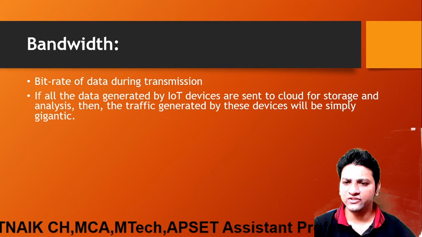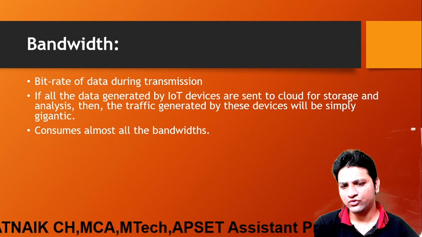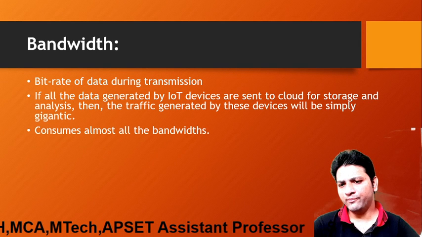For example, my device makes a request to a hub, the hub makes a request to a switch, and the switch makes a request to the cloud, so it takes lots and lots of time. We need to reduce the time by using fog as a middle layer.